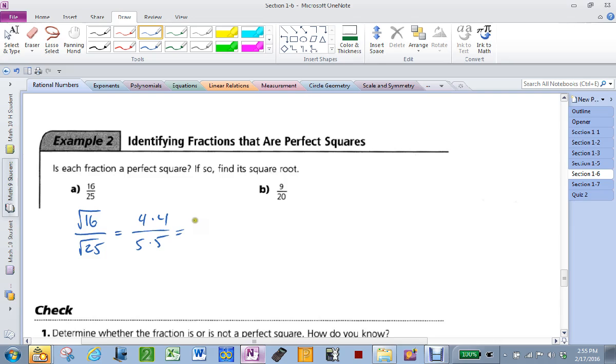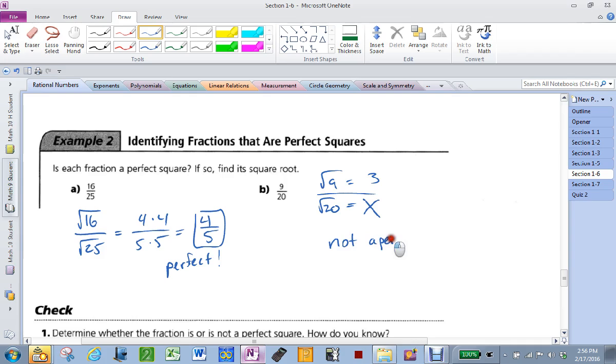So the square root of 16 over 25 must be 4 over 5. Perfect square. This one, square root of 9 equals 3. Square root of 20, uh-oh, no dice. 20 doesn't work. So this is not a perfect square.